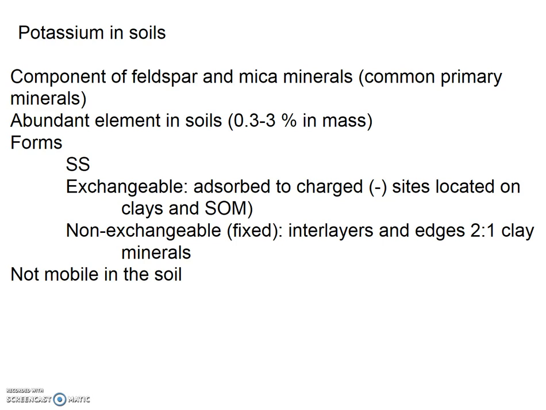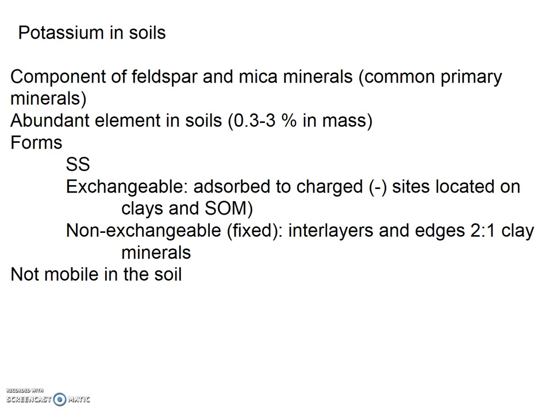Potassium in the soils is much more abundant than phosphorus, as it is a component of feldspar and mica minerals, which are common primary minerals. It is an abundant element in the soils with concentrations between 0.3 and 3% of total soil mass.